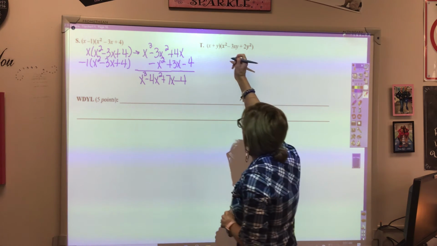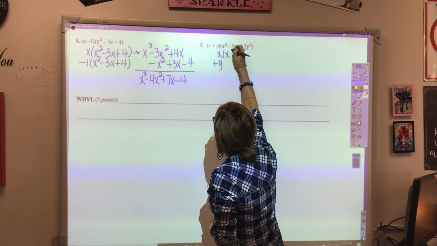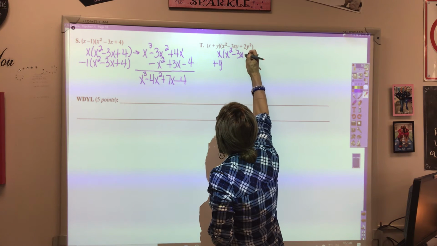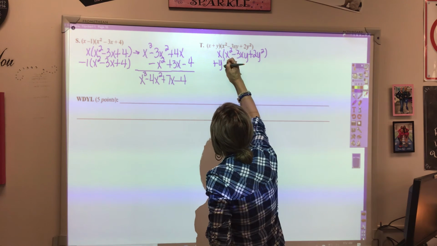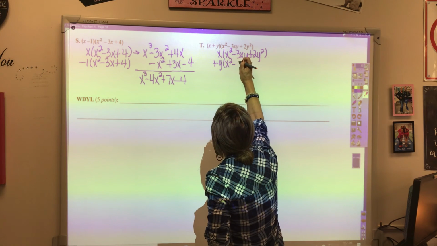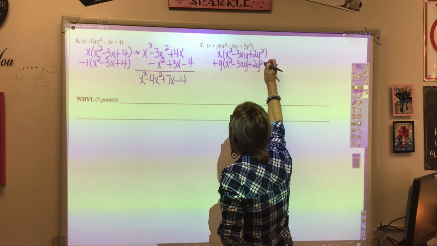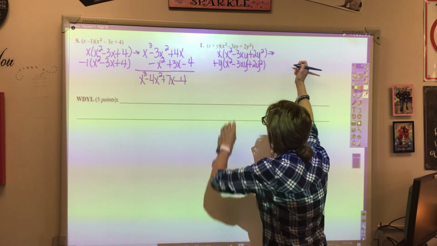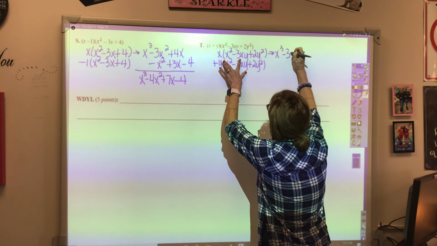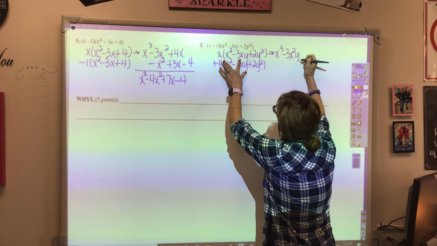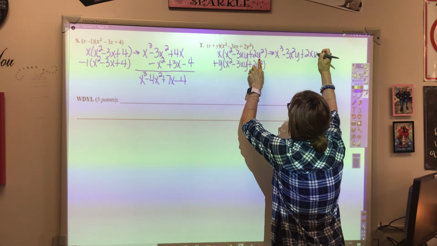Last one, stack the first one, x plus y, multiply both by the second one, x squared minus 3xy plus 2y squared. So we would have x cubed minus 3x squared y plus 2xy squared.